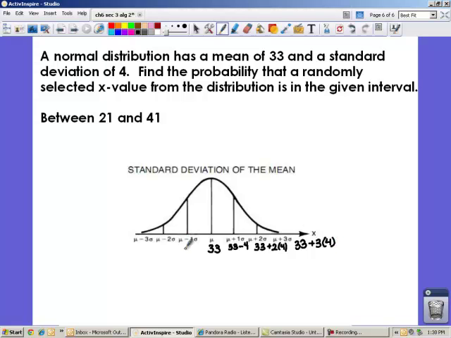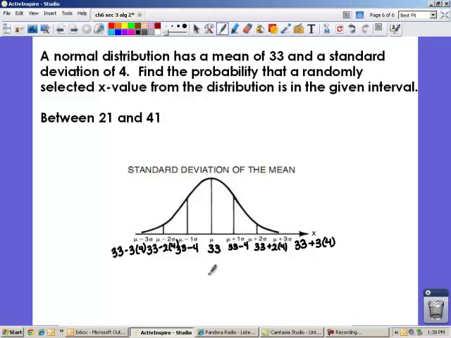And on this side, we have the opposite. We have 33 minus 4, 33 minus 2 times 4, and 33 minus 3 times 4.